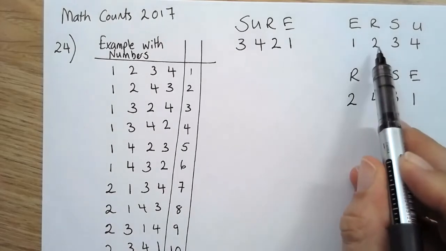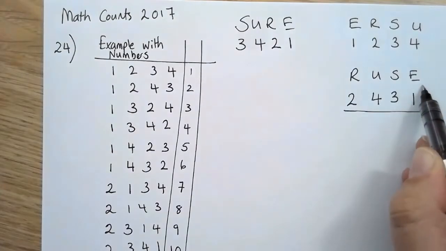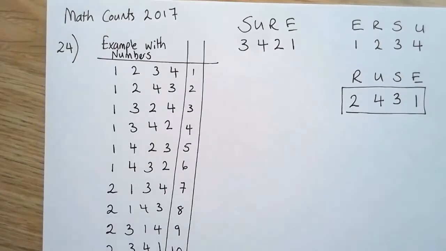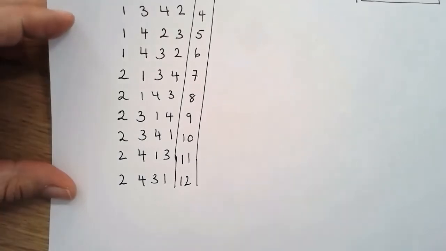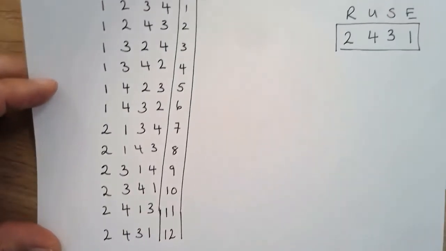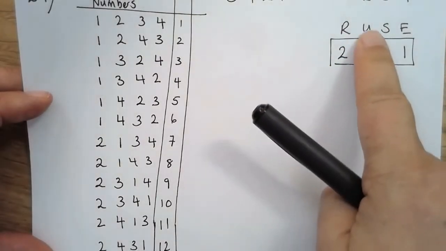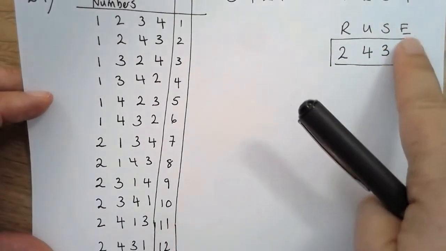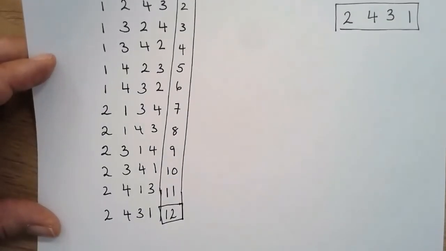And if we've numbered our letters in alphabetical order, we're actually looking for the number 2, 4, 3, 1, which, as it happens, is just here. 2 is the R, 4 is the U, 3 is the S, E is the number 1. And so the answer that we want is 12.